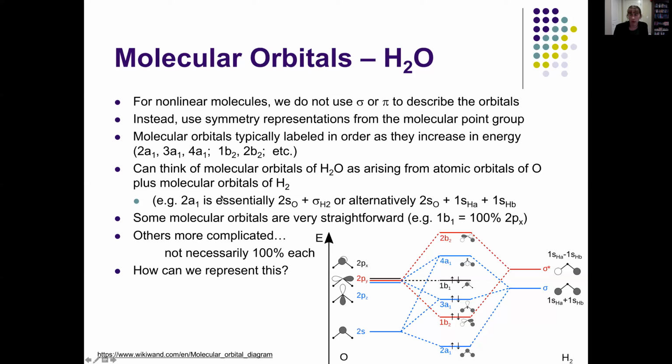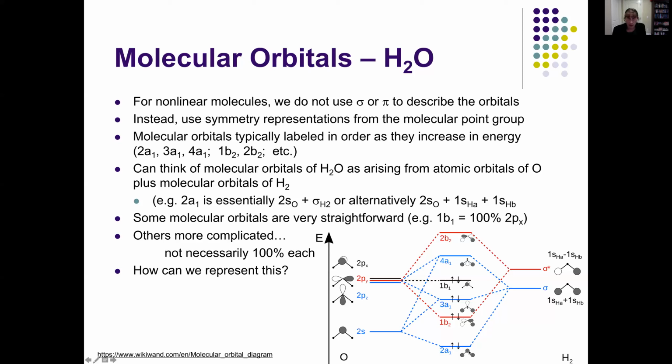If you wanted to write the 2a1 orbital, shown down here, it essentially comes from the 2s orbital of oxygen plus the sigma orbital of the H2 molecule. Alternatively, you could write it in terms of atomic orbitals, 1s of HA and 1s of HB. So in the end, our molecular orbital is going to look like the 2s of oxygen plus the 1s of hydrogen A and the 1s of hydrogen B.